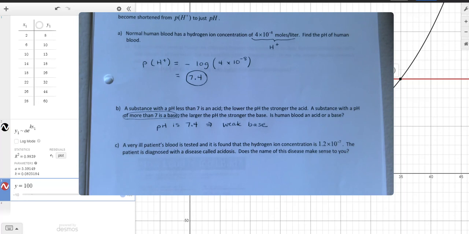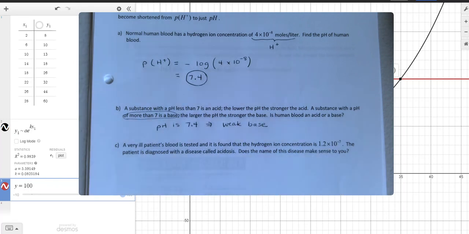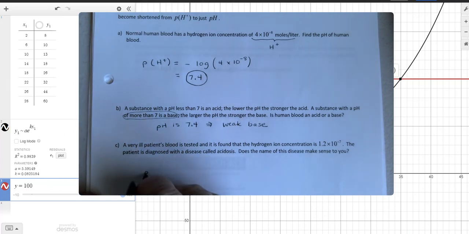Carrying on with that theme, a very ill patient's blood is tested and found that their hydrogen ion concentration was 1.2 times 10 to the -7th. The patient is diagnosed with a disease called acidosis. Does the name of that disease make sense to you? Well, let's start by calculating the pH for this person's blood.